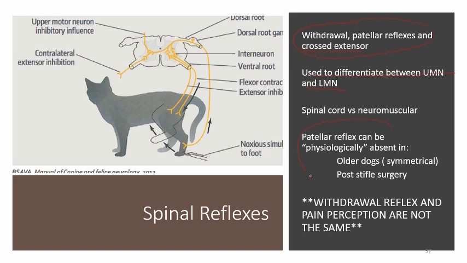The patellar reflex can be physiologically absent in older dogs, but it's going to be symmetrical. And also post-stifle surgery, particularly post-TPLO. So you don't want to say, oh my God, this dog has a terrible neurological disease, when it just had surgery.